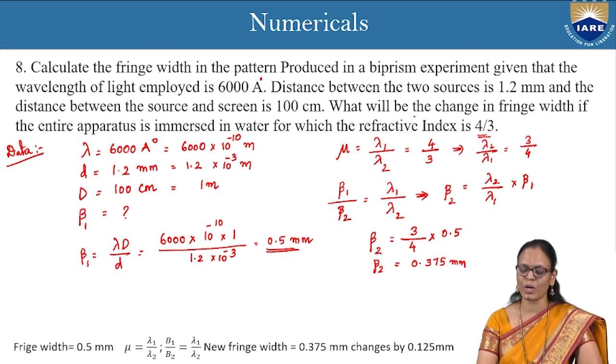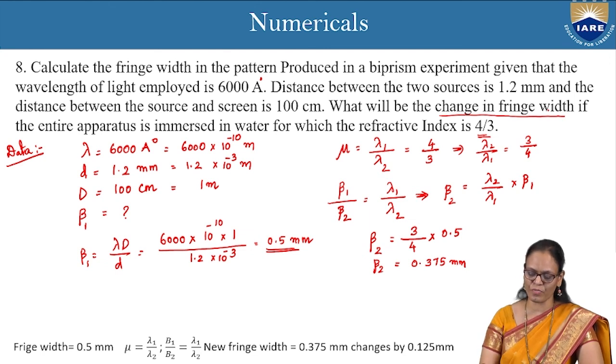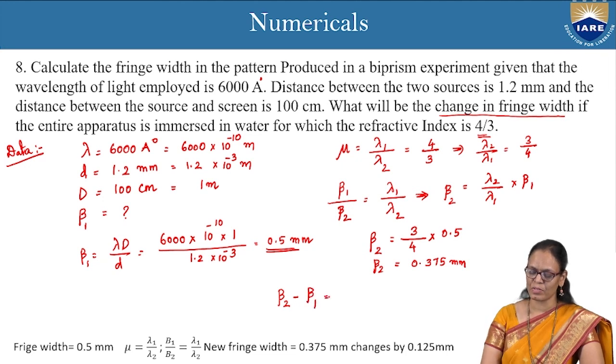What they are asking is what is the change in fringe width? So to calculate the change in fringe width, we'll take beta 1 minus beta 2, whichever is the higher value. So 0.5 minus 0.375.